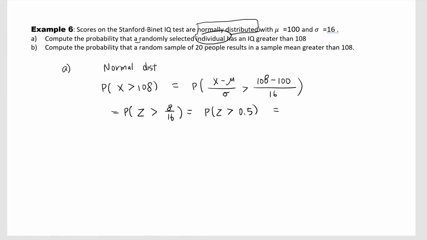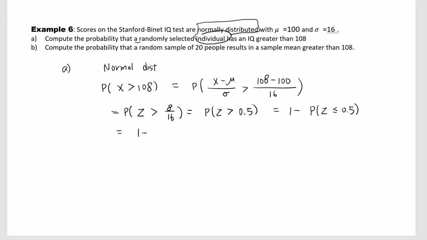Greater than is the same as 1 minus the probability that z is less than or equal to 0.5. For a continuous random variable, less than or equal and less than are the same; the endpoint does not matter.